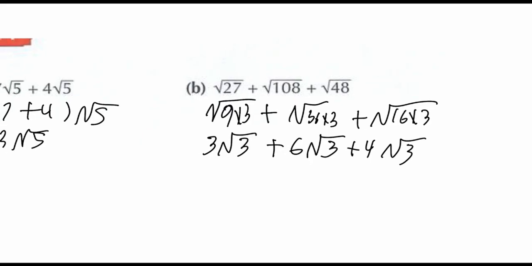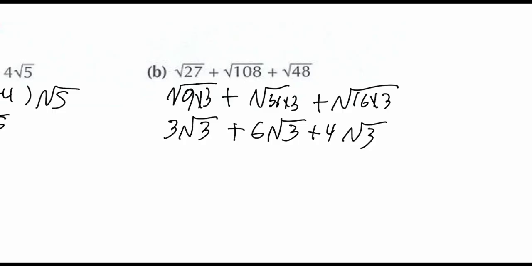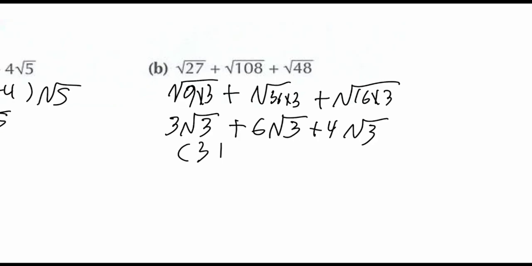Okay, now we have successfully simplified all of the surds. Now we just need to add the coefficients, just like we did right here. And that would be the answer to this question.